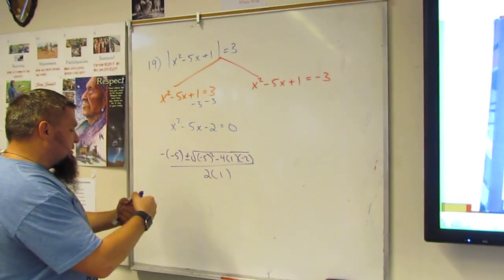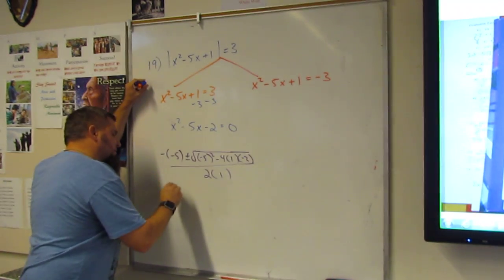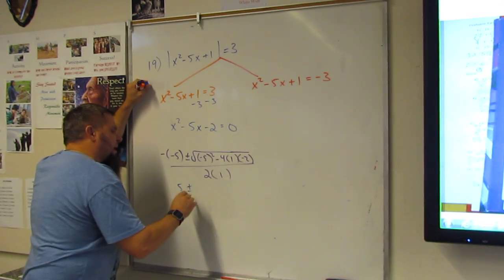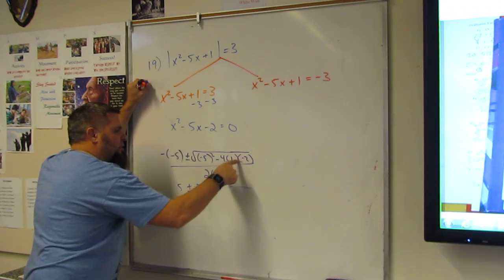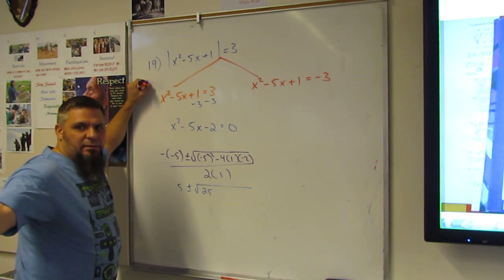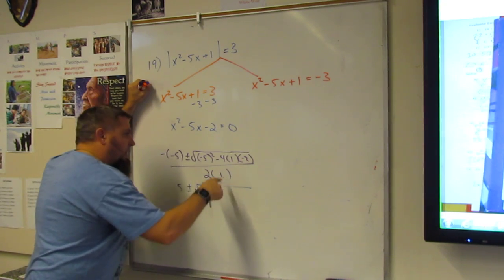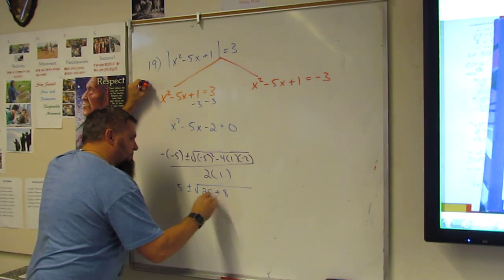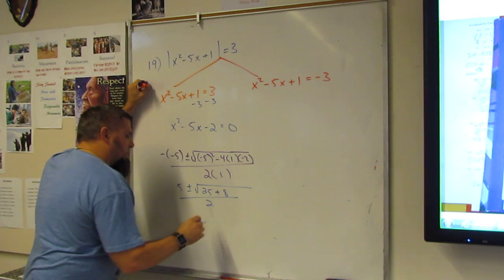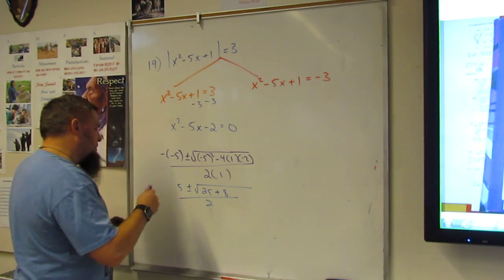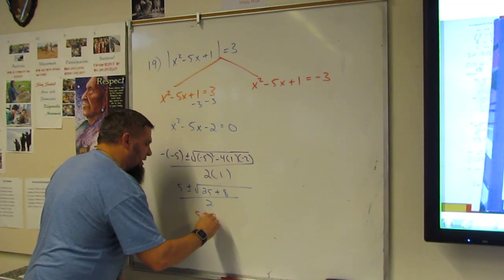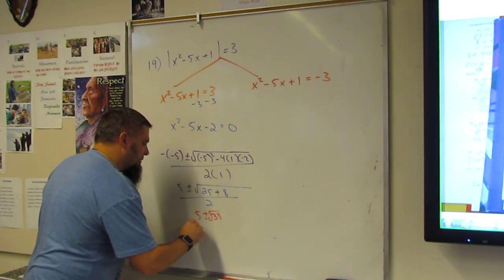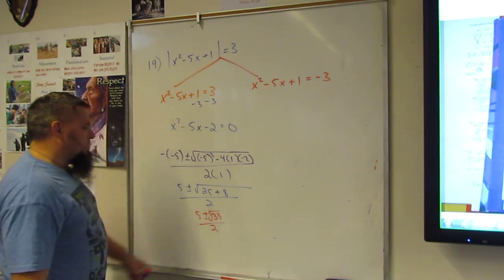Okay? So now I have negative negative is a positive, 5, plus or minus the square root of 25. 2 minuses make a positive. 4 times 2. Okay? So then I have 5 plus or minus the square root of 33 over 2.